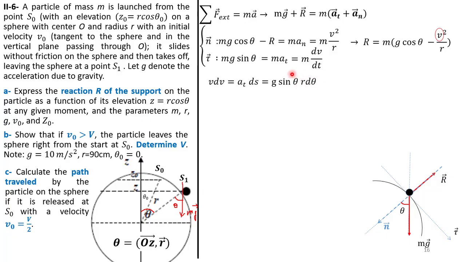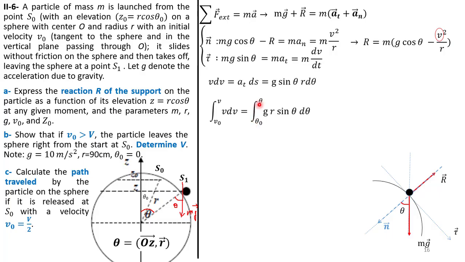So all the terms containing theta are apart, and all the terms containing v are apart. So now we can integrate. The integral of v dv between v0 and v is equal to the integral of g r sine theta d theta, where theta goes from theta 0 to theta.